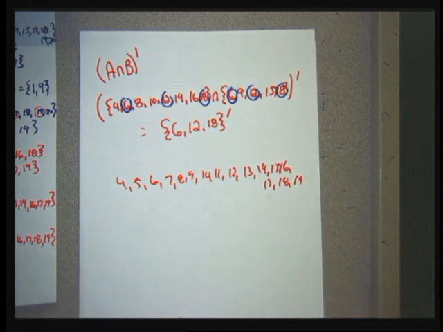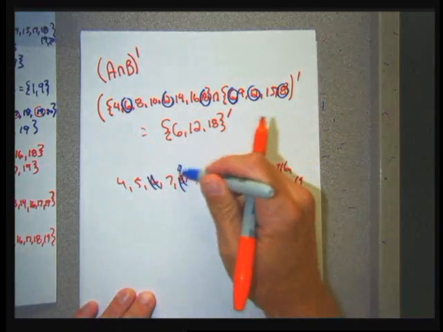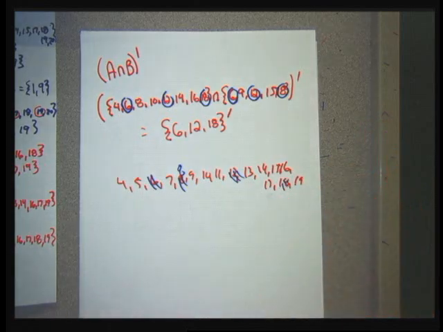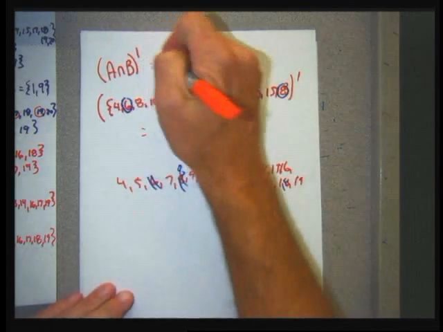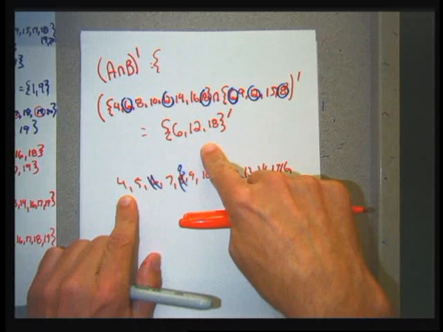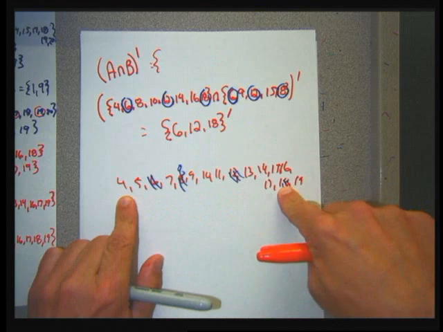The prime of this is the whole universe other than the numbers 6, 12, and 18. So the answer is going to be a lot of numbers. A intersection B is 6, 12, and 18. The prime of it is all the numbers in the universe other than 6, 12, and 18.